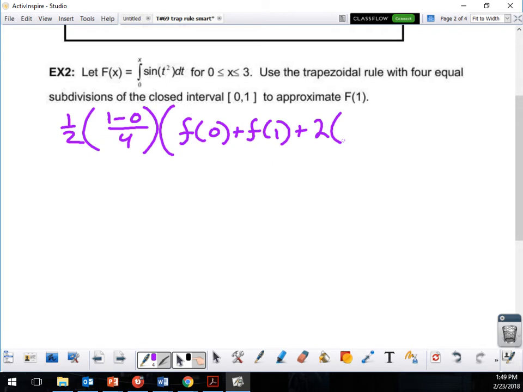If I'm starting here, it's going to be 1/4, and just keep going from there up until the 1. 2 times f of 1/4, f of 1/2, plus f of 3/4.